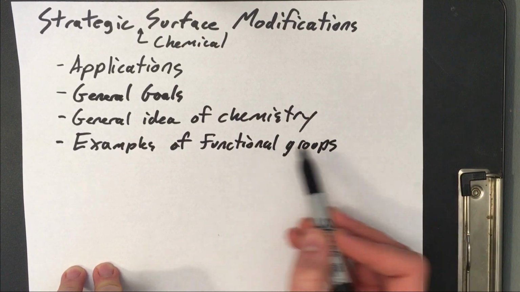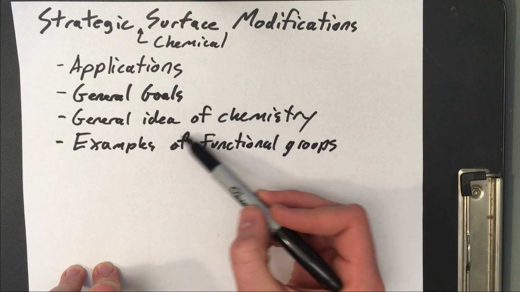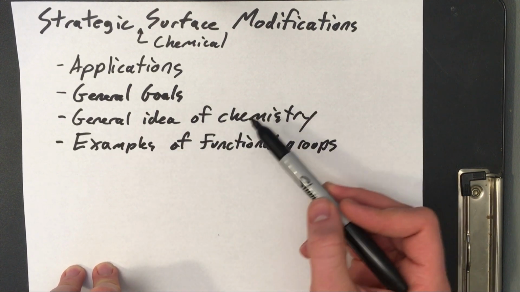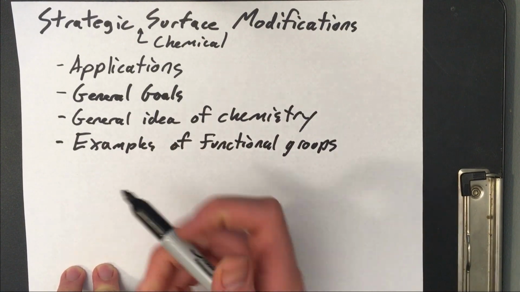So basically, what is the toolbox of chemicals that we have at our disposal to accomplish the process of attaching one or more chemicals to a surface to accomplish our general goals in these specific applications.